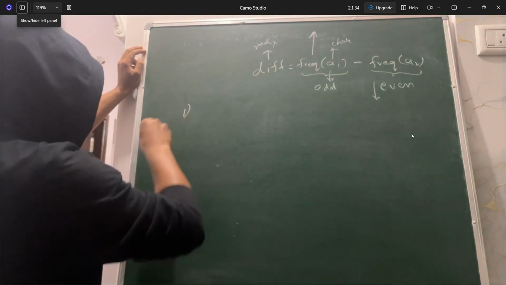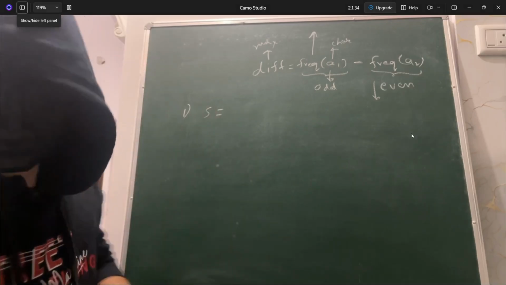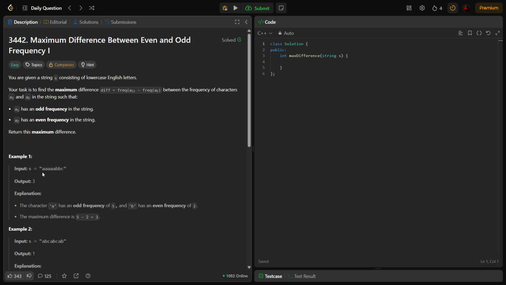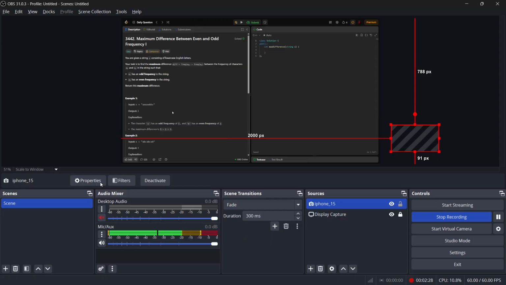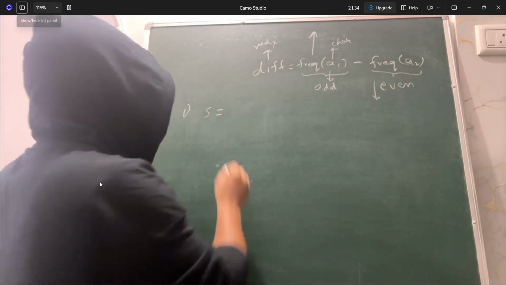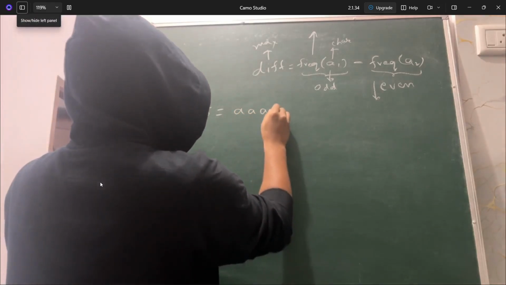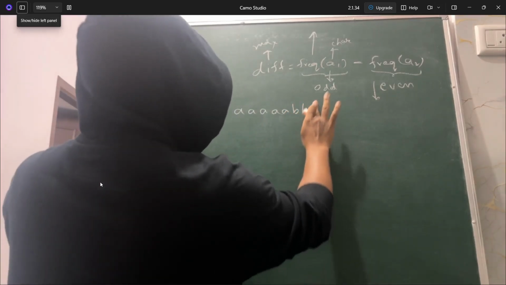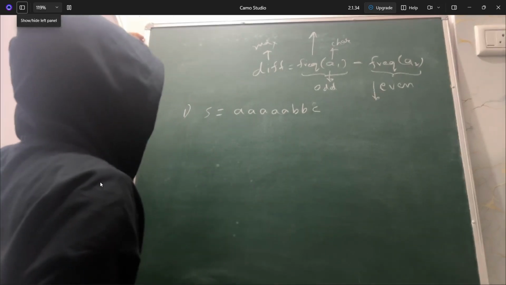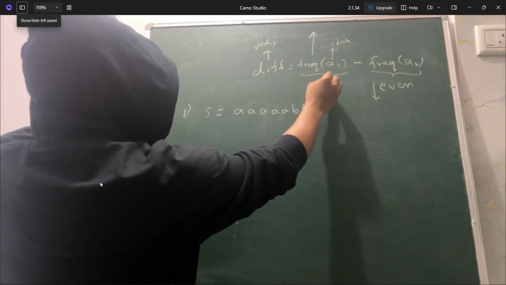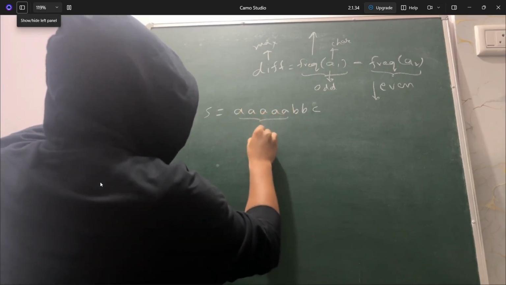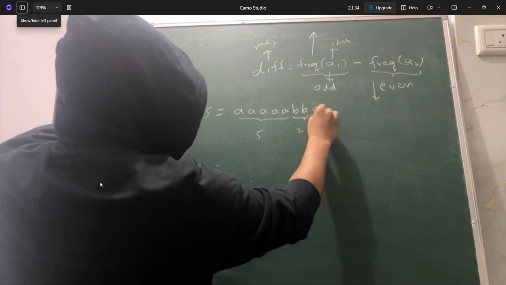So let's understand the first example, where S they have given is A 5 times, BB, C. You'll have to fill here a frequency with an odd value. A's frequency is 5 times, B has 2 times, C has 1 time.